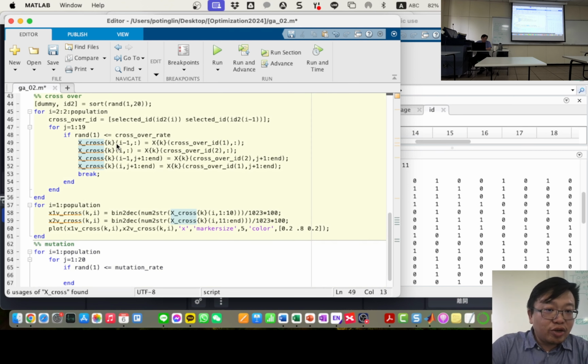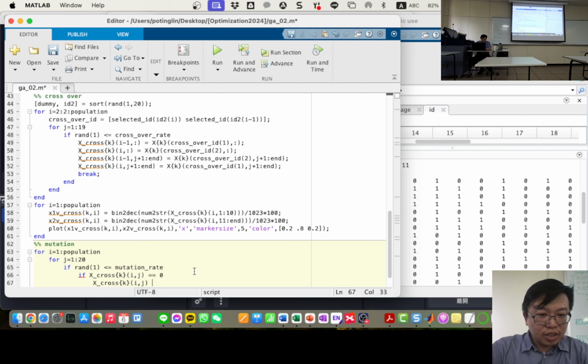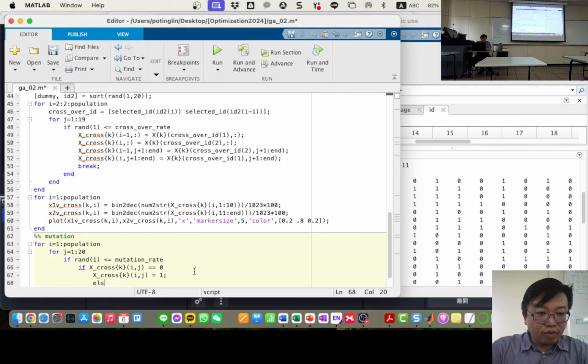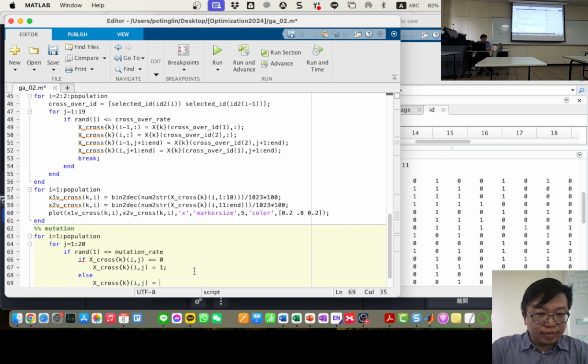So that particular chromosome is right here, the I and J. So I'm gonna say if this equals 0, then I will change it to 1. Otherwise, change it to 0.